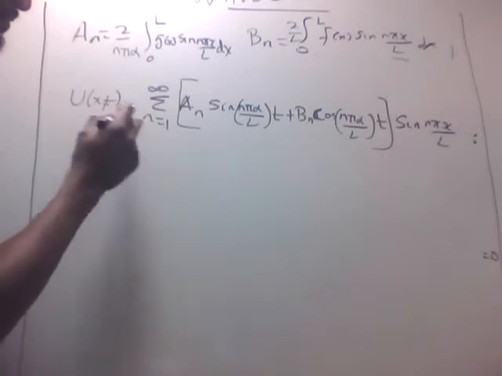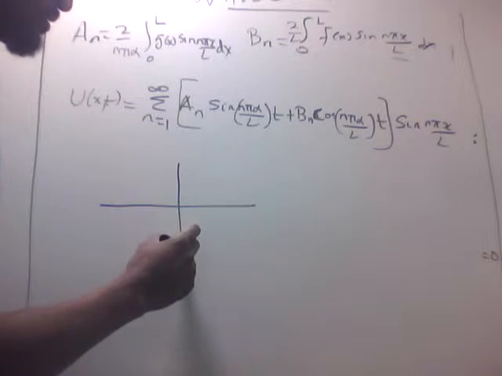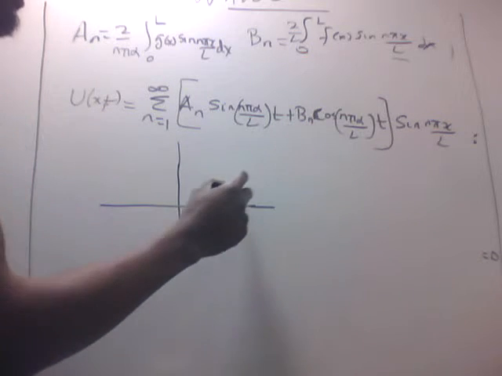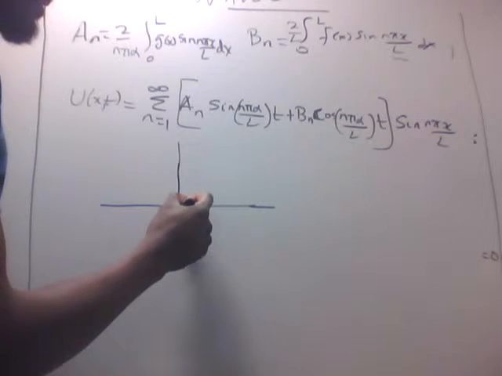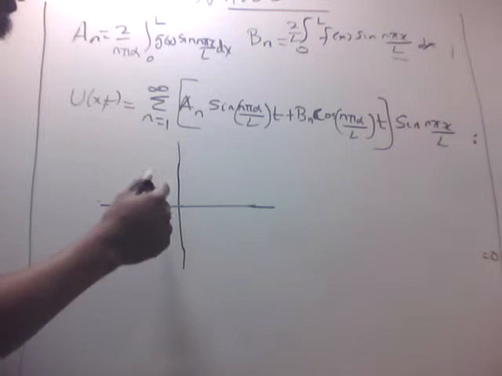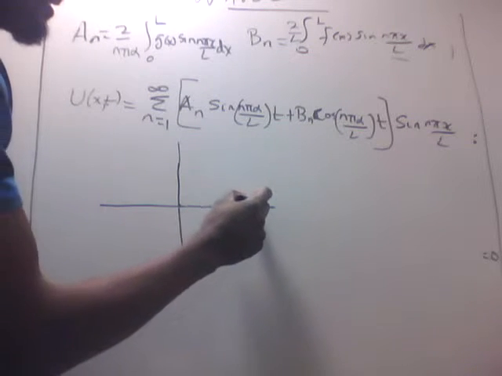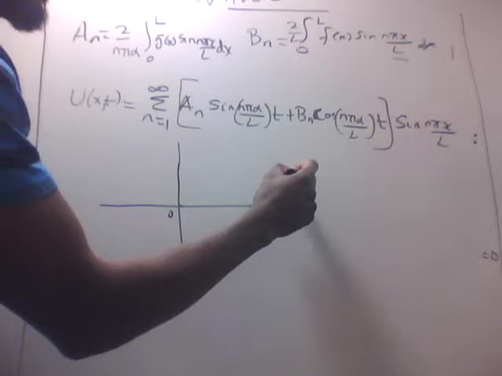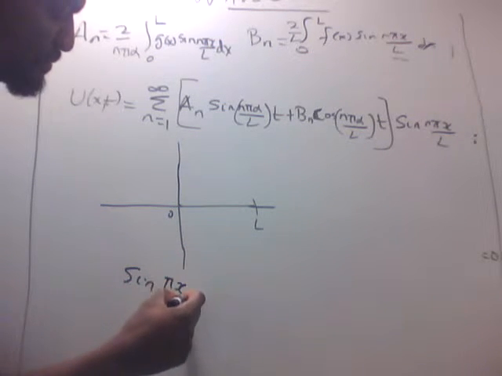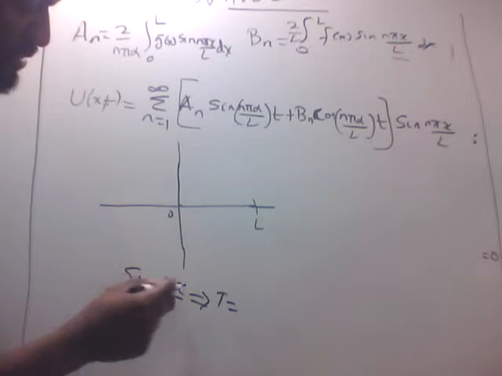In other words, the first term of my series solution, my Fourier series solution, is sine 0, which is n equals 0. Well, n equals 0 is 0, so I'm going from the first one. n equals 1 is sine pi x over L, and that has a periodicity of 2 pi over pi over L, right?